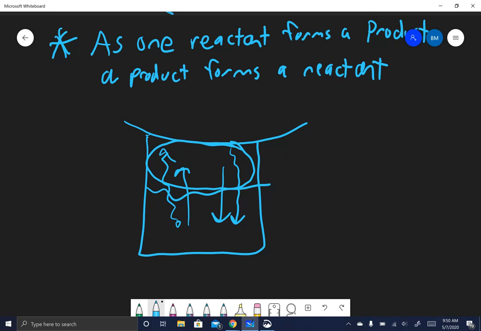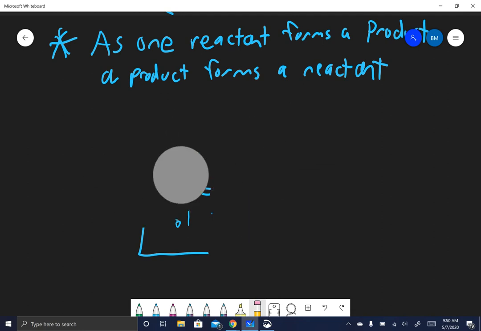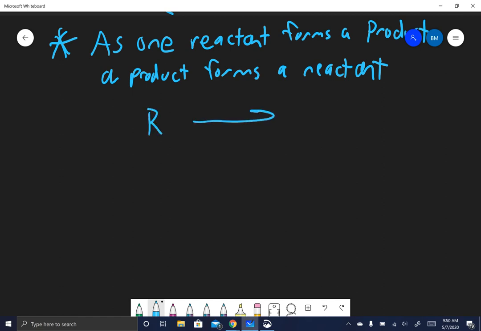I'm not going to go into all that again, but I'm trying to refresh your memory that we have talked about that. So basically, if I can draw a picture here, let's say you have a reactant making a product. And by the way, you do not have to have the same number of particles on both sides.